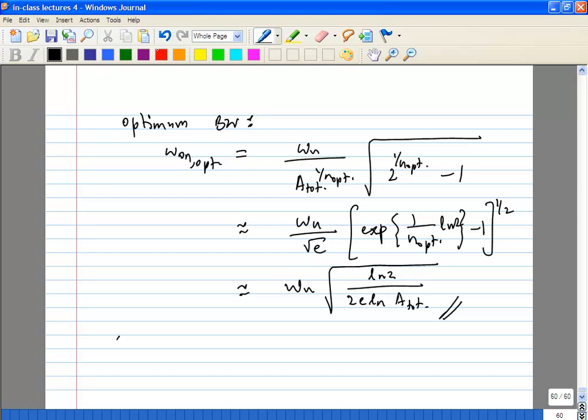Okay, so the first thing you notice is, remember, for a single stage amplifier the gain bandwidth product was constant. Here what you actually have is bandwidth times root of ln of A tot, which is the constant, because once you choose omega u, everything else are just constants.